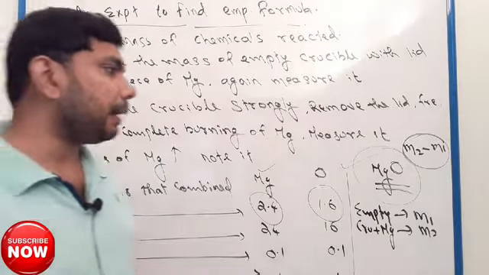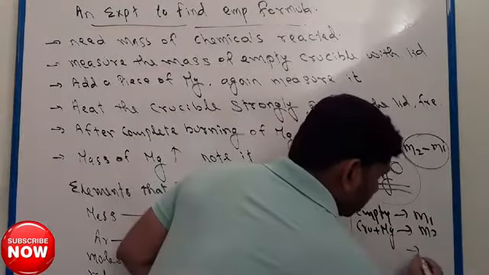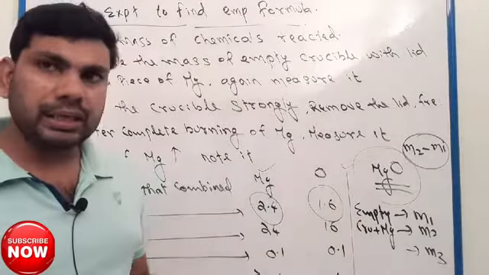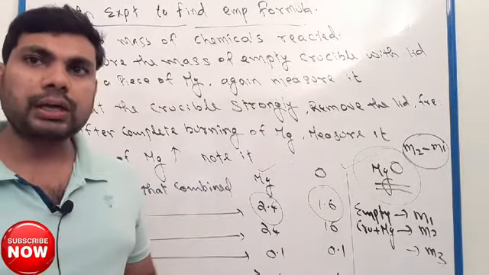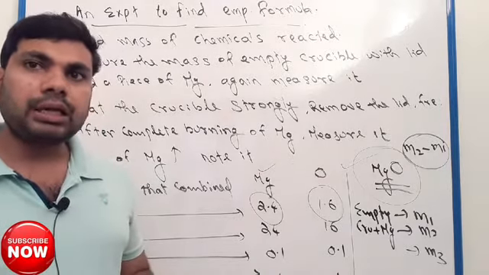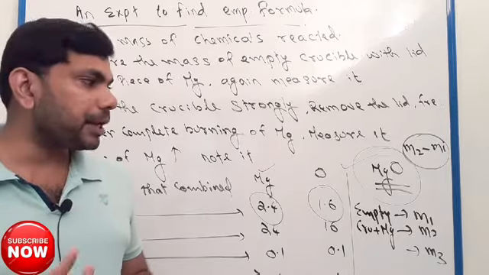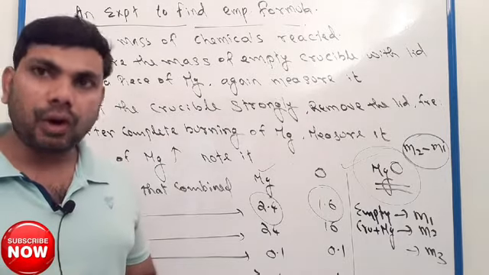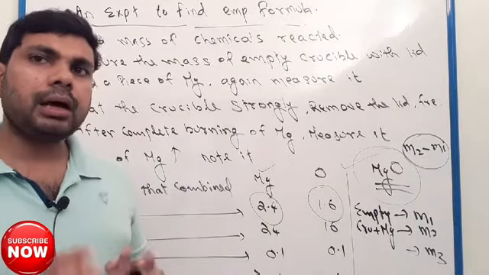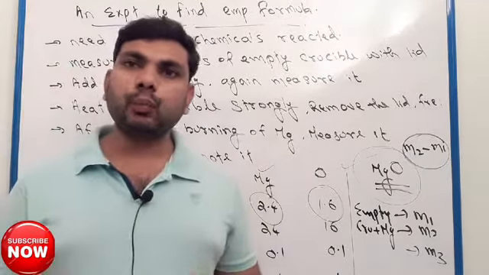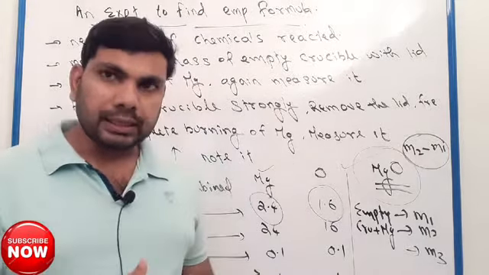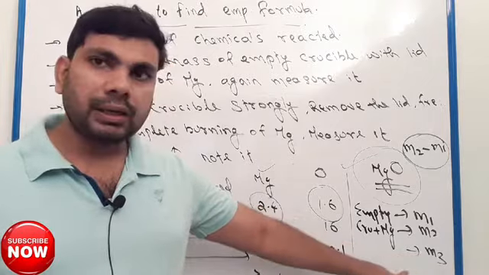This mass is M3. So M3 means the crucible with the magnesium we burned very strongly. During burning we open the lid frequently to let in oxygen for better burning. After complete burning we measure the crucible with its content, that is M3.